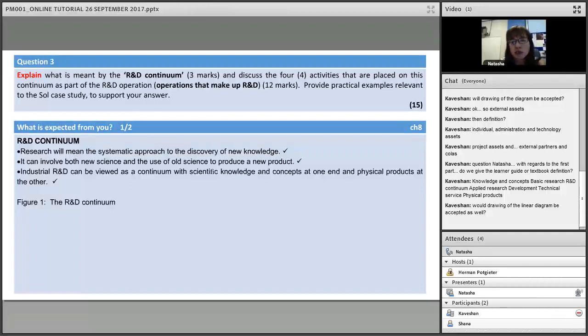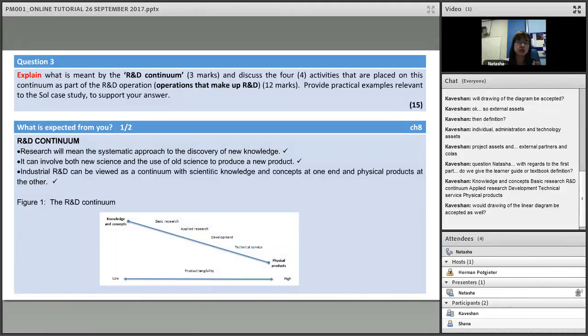You need to, first of all, tell me what the R&D continuum is. First of all, we need to say that research means the systematic approach to the discovery of new knowledge and can be based on the use of new science and the use of old science to produce a new product. Industrial R&D can be viewed as a continuum with scientific knowledge and concepts at one end.